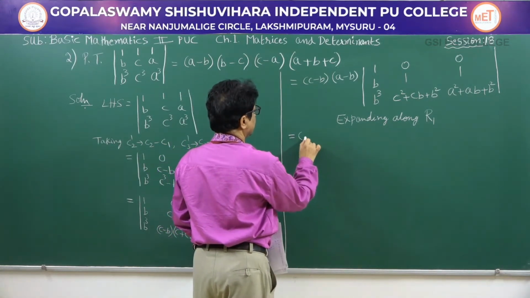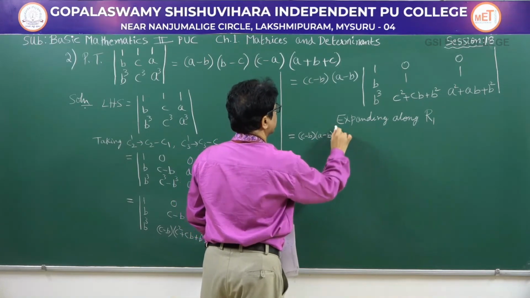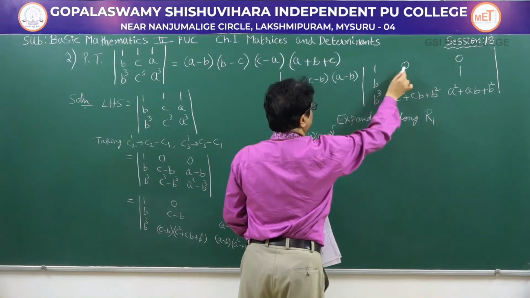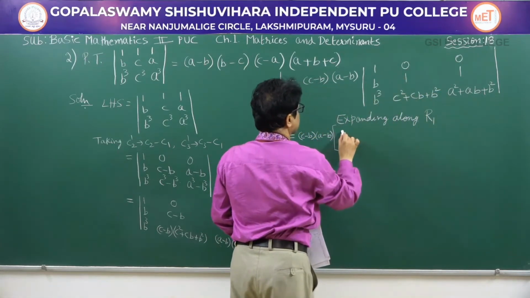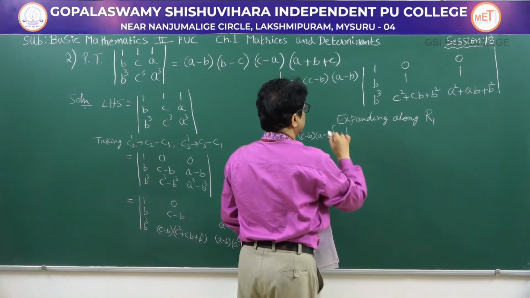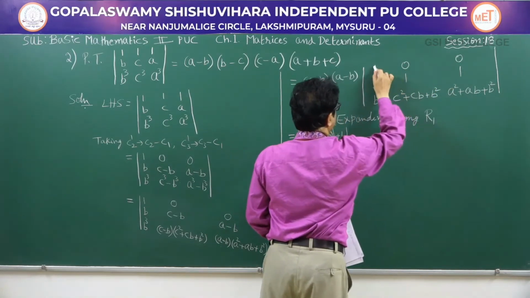So that will be equal to c minus b into a minus b into. In R1 the elements are 1, 0, 0. The first element is 1, so it is plus 1 into determinant of, that is 1 lies in the first row and first column.